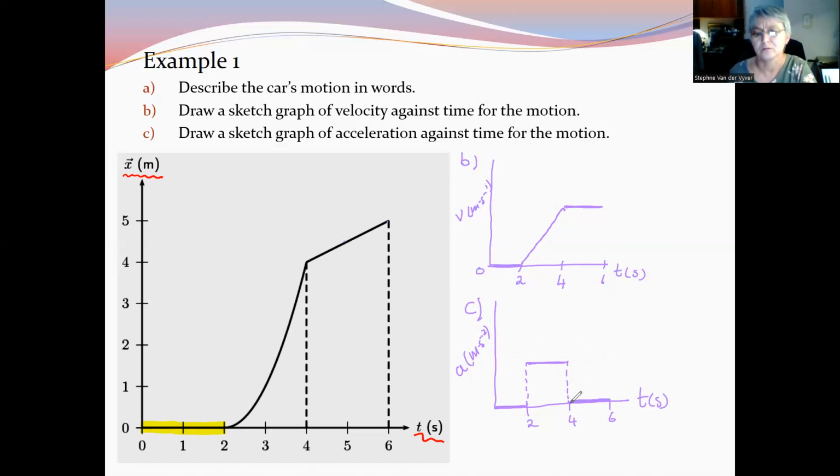So this is how we can move from one graph to another graph, sketch graph wise. You might be required to be more accurate, but this question didn't lend itself to be more accurate. Let's go to the next example.